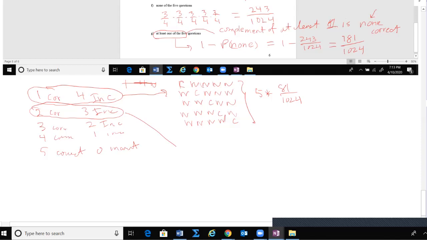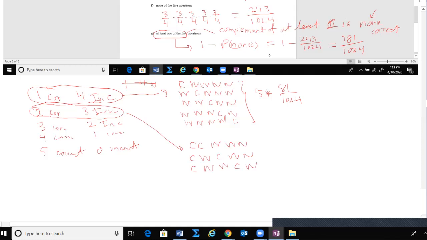Now this one, 2 correct, 3 incorrect. So you might have those 2 and then these 3. You might have this one, a wrong one, this one, wrong, wrong. You might have this one, wrong, wrong, correct, wrong.